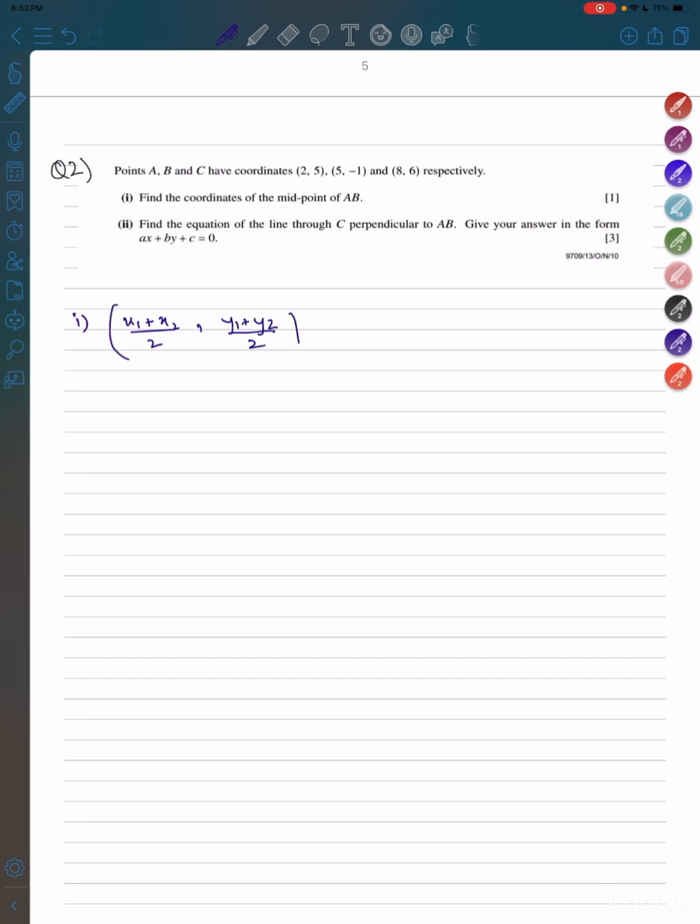Now, I'm just going to insert the values. 2 plus 5 over 2, comma, 5 plus negative 1 divided by 2. That gives us 3.5 and 2. You can also write it as 7 over 2 and 2.